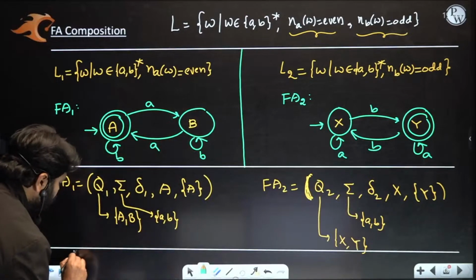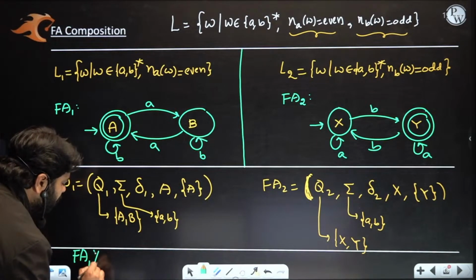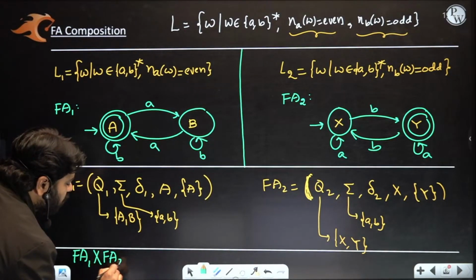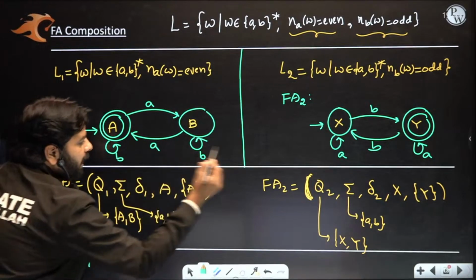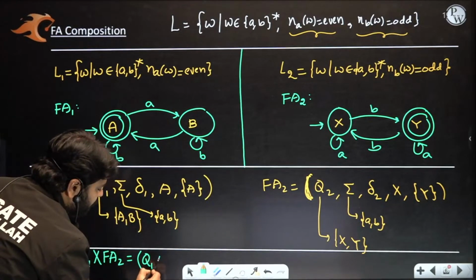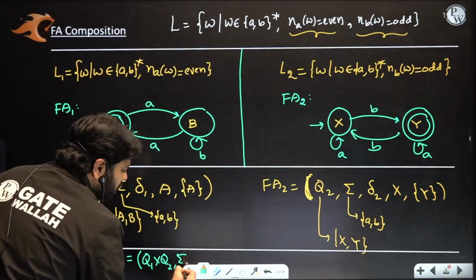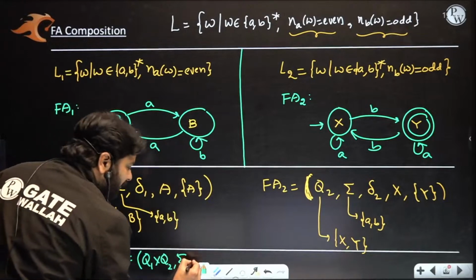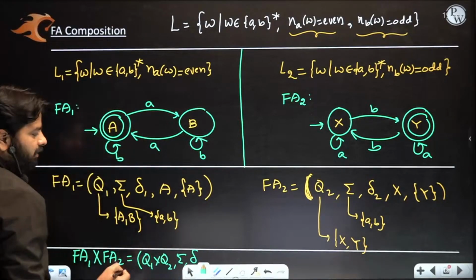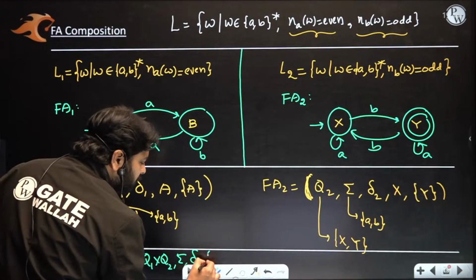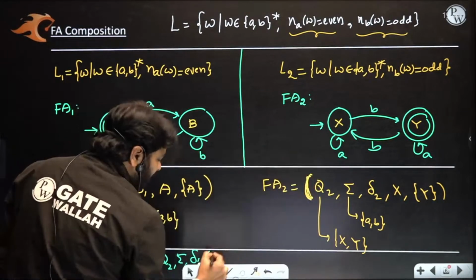If anybody wants to combine FA1 Cartesian product with FA2, what you have to do is take Q1 and Q2 and do the Cartesian product, and sigma is the same for both. With the help of delta 1 and delta 2 we are going to design delta, and the initial state is going to be a pair A comma X.